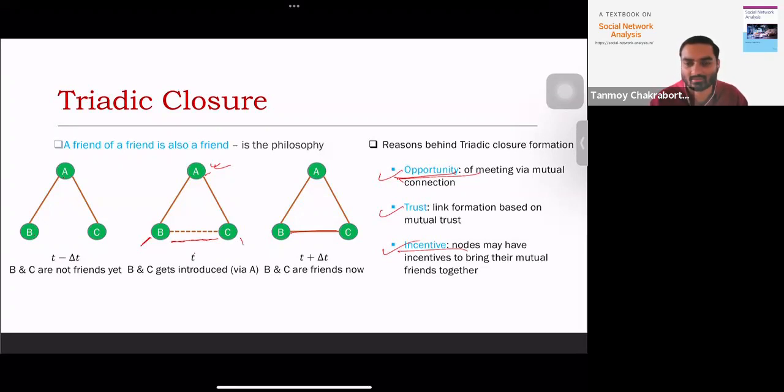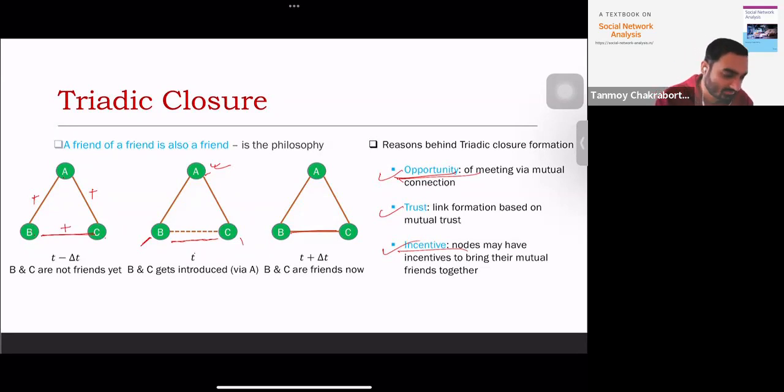We have already seen in balance theory that if these two edges are positive, that means B and A trust each other, and A and C also trust each other. Now, due to the stable connections that we discussed in balance theory, it is highly likely that B would start trusting C. So this edge would also be formed.